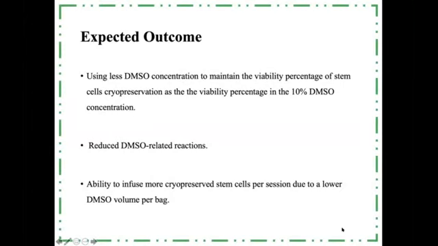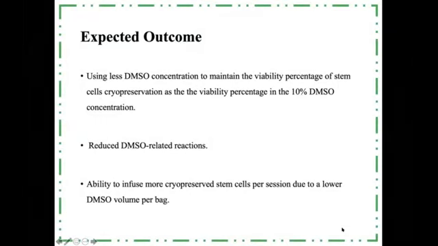Now, what we expect is that choosing a lower DMSO concentration would maintain the same viability percentage we get from the 10%. However, it's still too early because we're still in the early stages of the study, but we have some unexpected preliminary results which showed that the 5% viability was even better than the 10% DMSO.